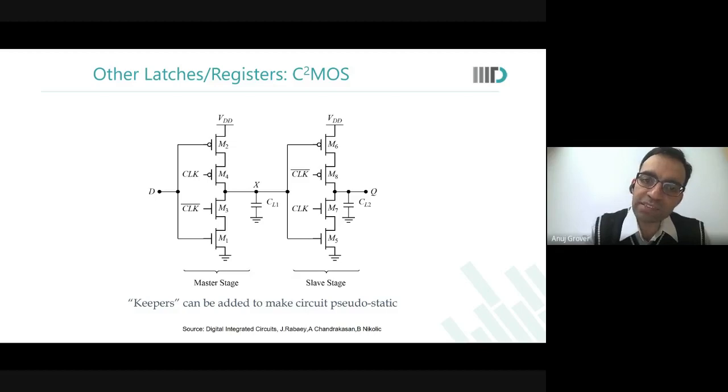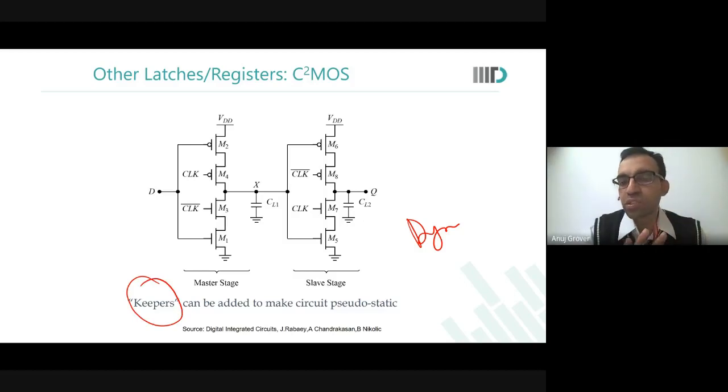You have tri-states. This is also dynamic in nature, and you will need to add keepers to make it pseudo-static. Okay. So this is another latch which has much lesser number of transistors, but since there are 2 polarities of clock, not much is saved in terms of clock power.